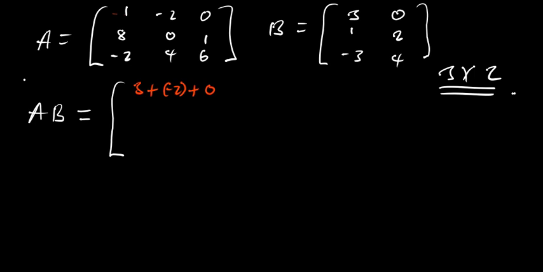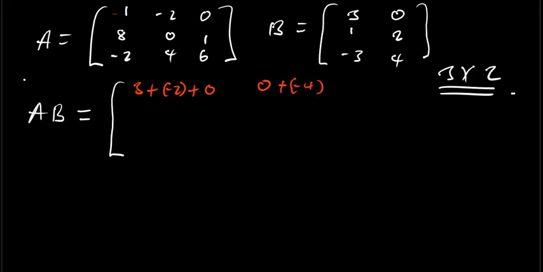Next, I'm going to say 1 times 0 is 0. So now I'm doing this by that. Then -2 times 2 is basically -4. So it's plus -4. Then I'm going to now say 0 times 4 is basically 0.